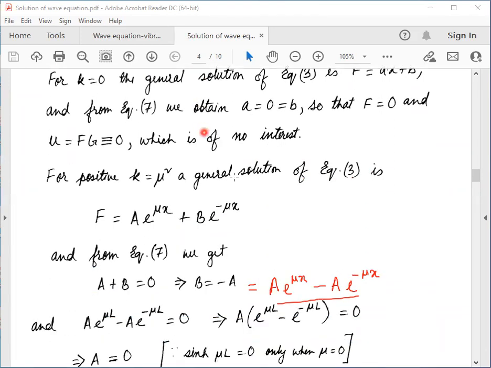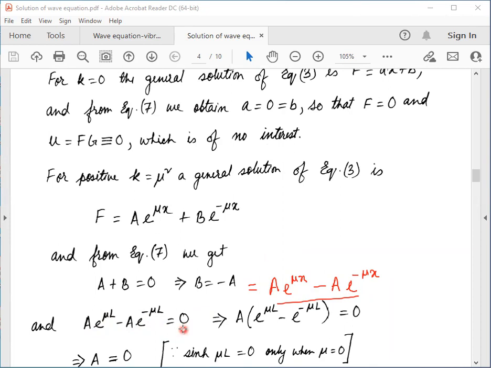So when you put x equal to L, f should be equal to 0. So a e to the power mu L minus a e to the power minus mu L is equal to 0.